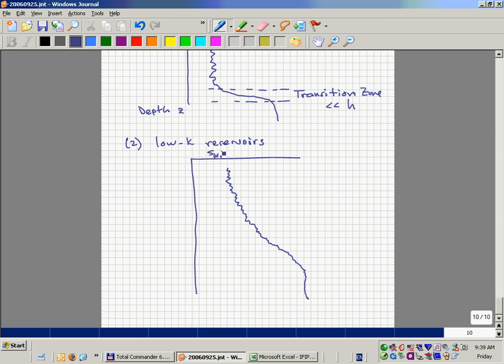Irreducible might be over here, 100%. This is SWC, depth. And what you see is that even at the top of the reservoir, it may not be completely down to irreducible saturation. Now, here what we're seeing is basically a large transition zone.